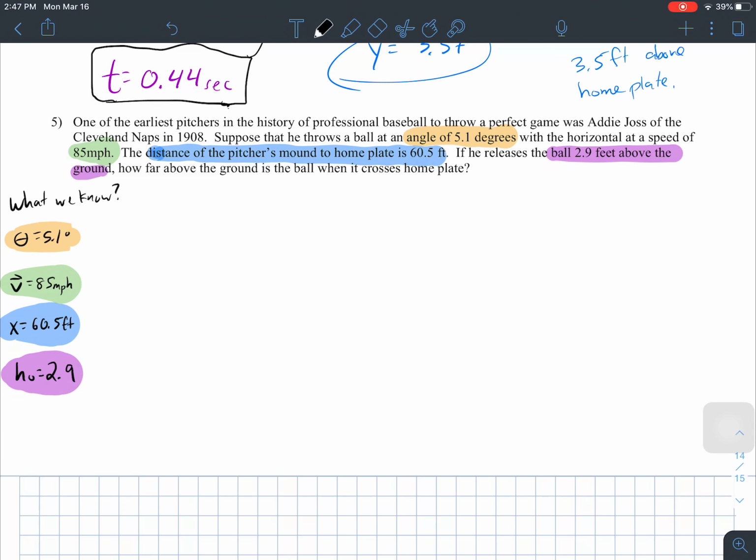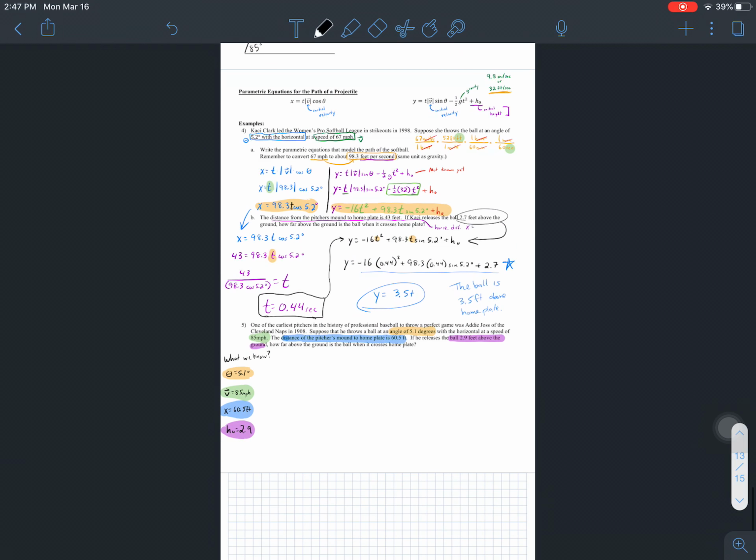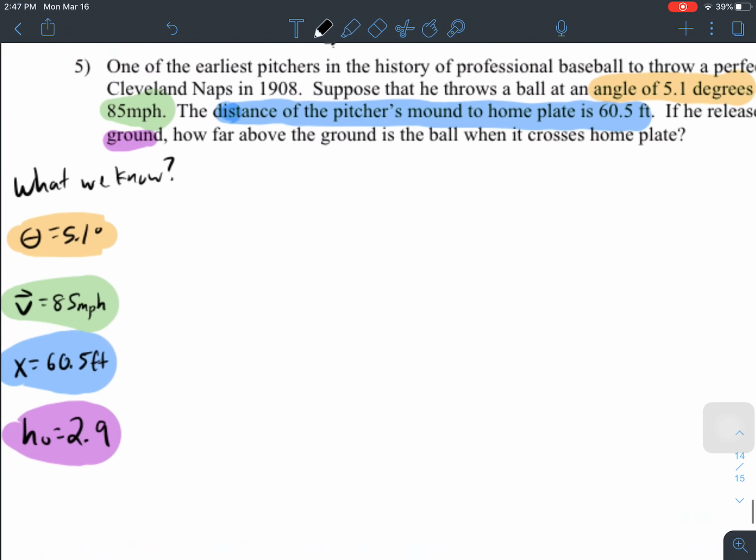Well, that's really everything. If I look at my parametric equations up above, I got an x, I got a cosine of theta, I got initial velocity, I have a sine of theta, I can do initial velocity, gravity makes sense, but wait a minute, gravity is feet per second, my initial velocity is miles per hour, I'm going to need to fix that, and initial height there. So really, I have everything I need.